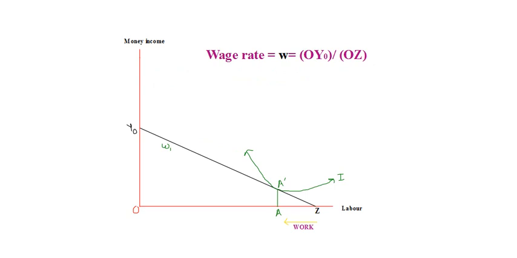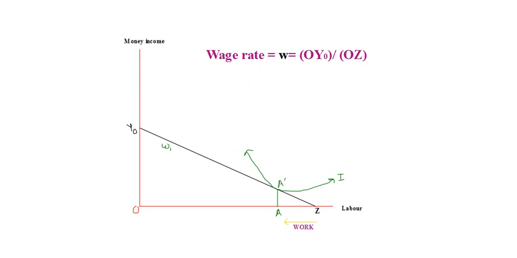In this particular diagram, you can check that we have an indifference curve represented by I, the first indifference curve, and this indifference curve shows the preferences of an individual between leisure and income. If we interpret what this tangency of the indifference curve on this downward sloping line implies, the indifference curve is tangent to Y0Z, this downward sloping line, at point A dash.